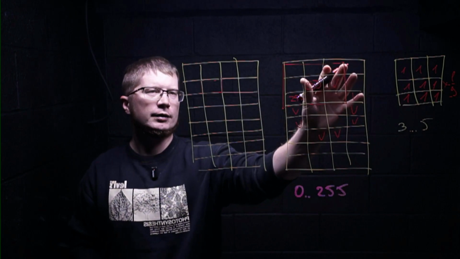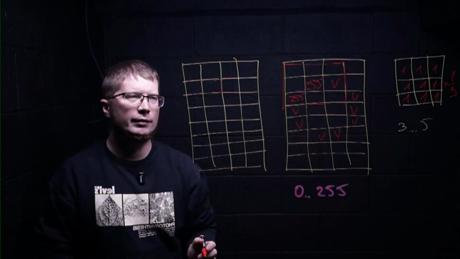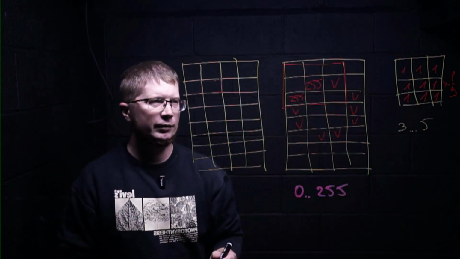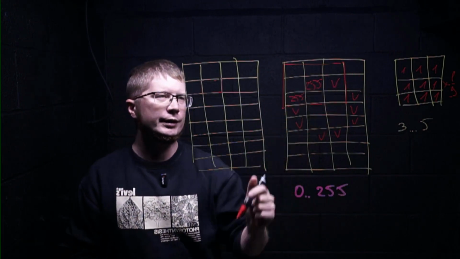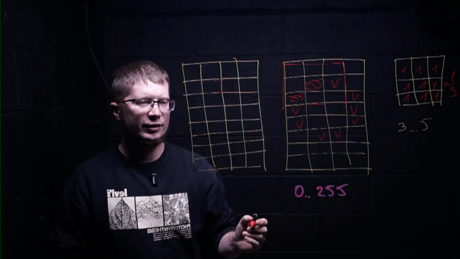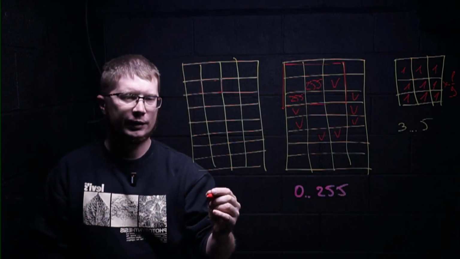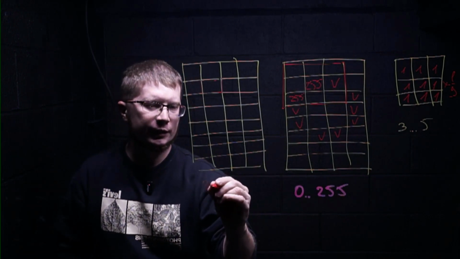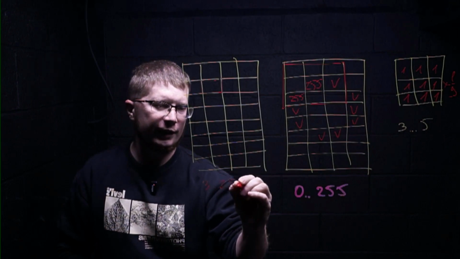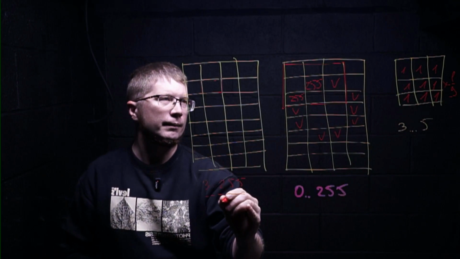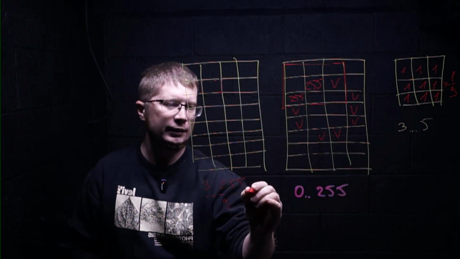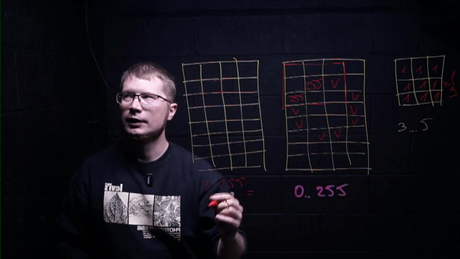Then we shift it and repeat until we cover all the pixels. Okay, so let's begin. The first one has 1, 2, 3 white pixels. Everything else is black. So let's calculate the value. It's going to be 3 times 255 divided by 9, and it equals 85.